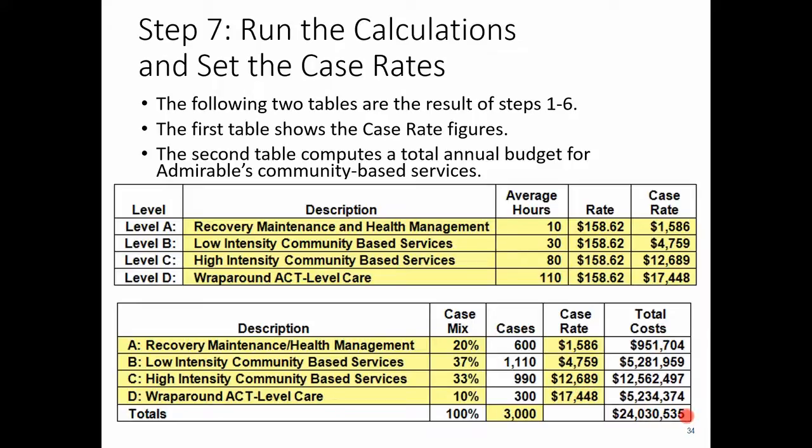If we have a 10% penetration rate and the case mix is what we projected and we're paying these case rates, it's going to cost us $24 million for outpatient services. And we can create a low, medium, and high scenario, with a lower mix of cases and lower penetration rate, or a high scenario with higher, and the total budget would change.